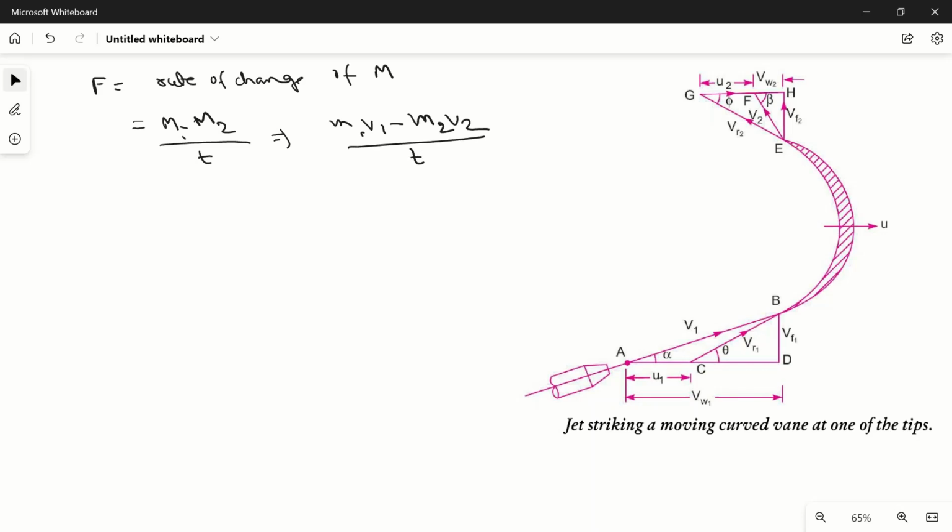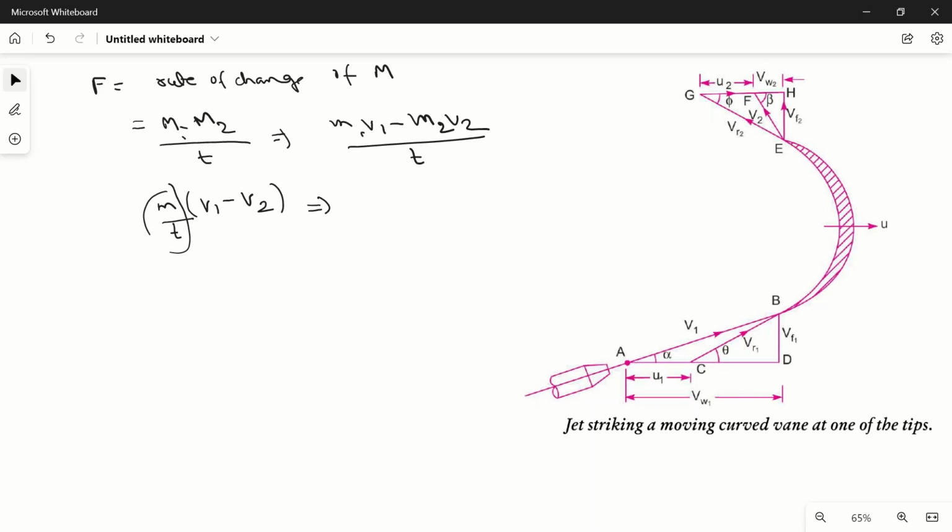Here m1 and m2 are the same because the mass flow rate coming out of this jet is constant, so m1 and m2 will be the same, so it will become m into v1 minus v2 divided by time. M by t is the mass flow rate.